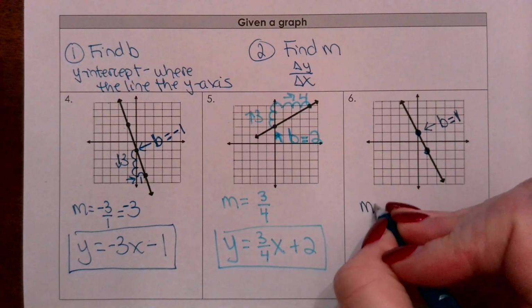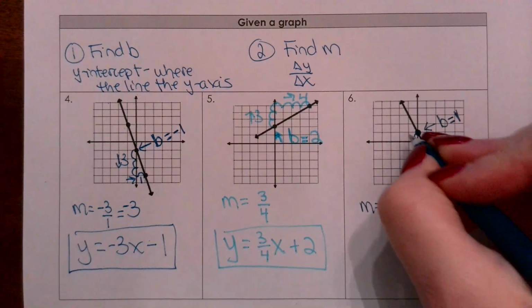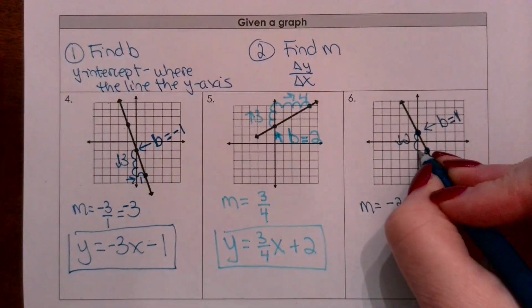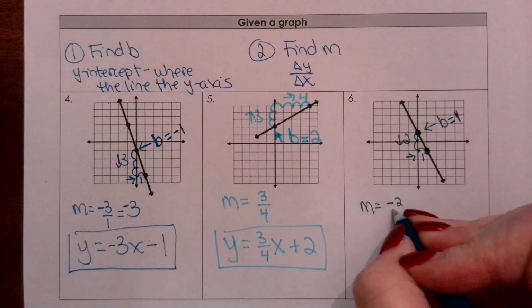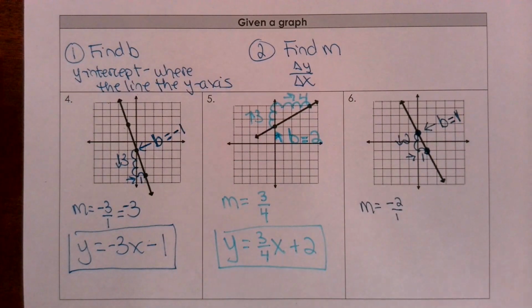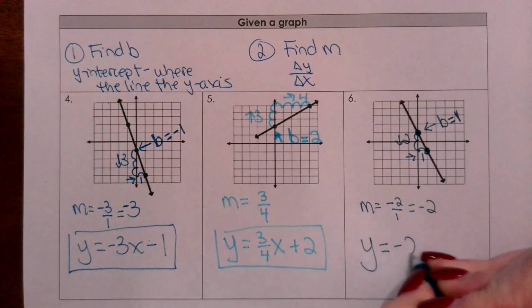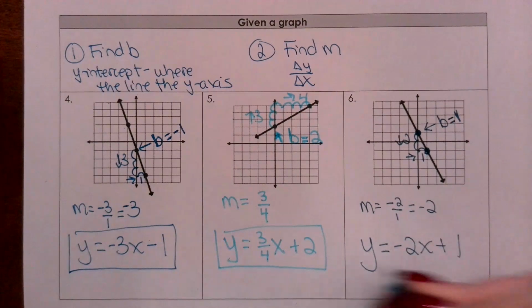So let's look for my m. It goes down 2, which I know is negative, negative 2. And then it's going right 1, and that's positive. Negative 2 divided by 1 is negative 2. My slope is negative 2. I'm ready to write my equation of y equals negative 2x plus 1.